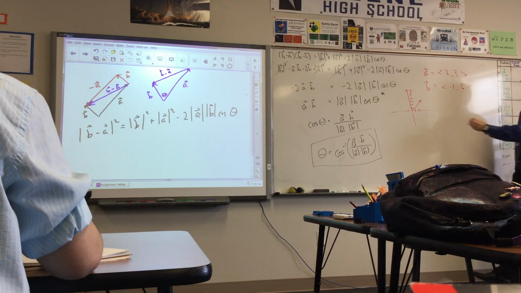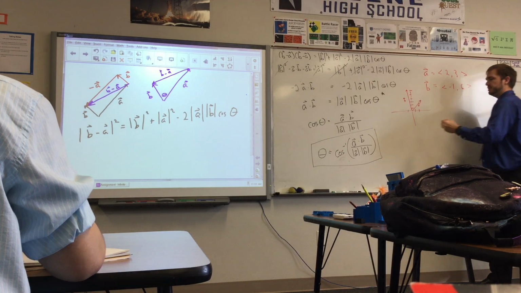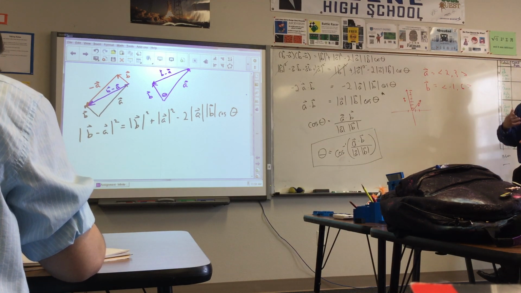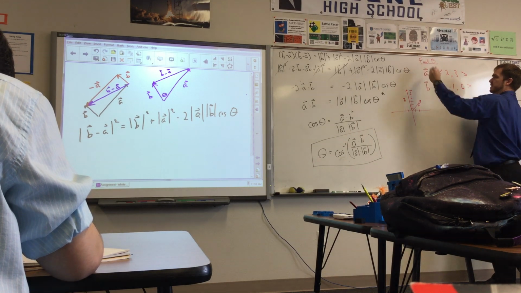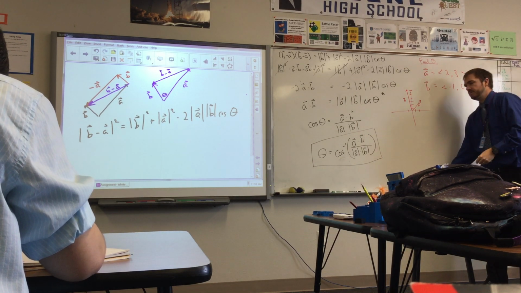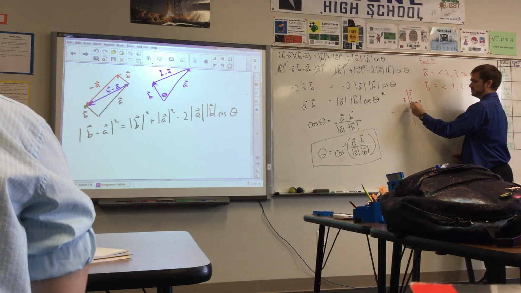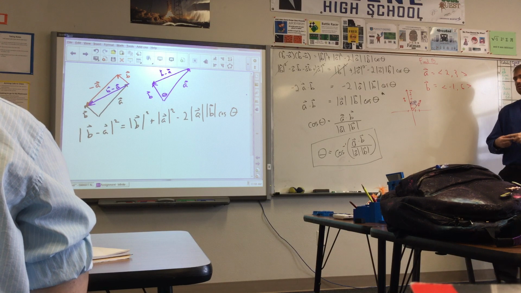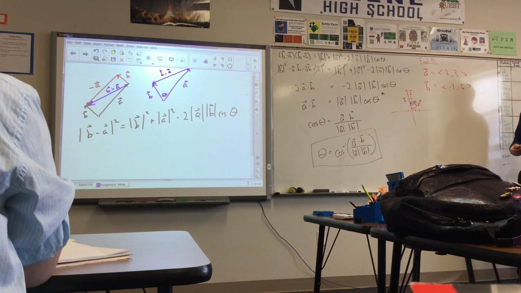Something kind of like that. Here's vector A, here's vector B. And we are prompted, find theta. Find the angle between them. Now, like I said, one way you could do it is inverse tangent and subtract those, but we're going to try using our new formula here.